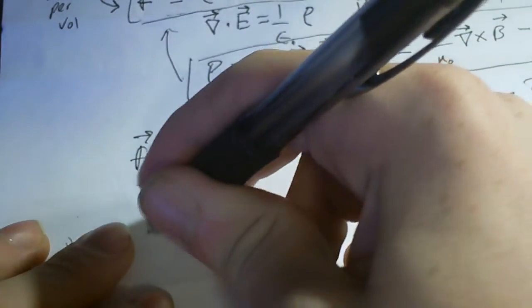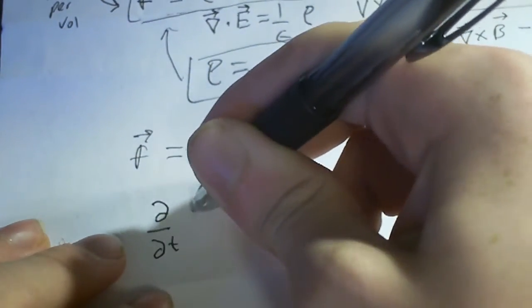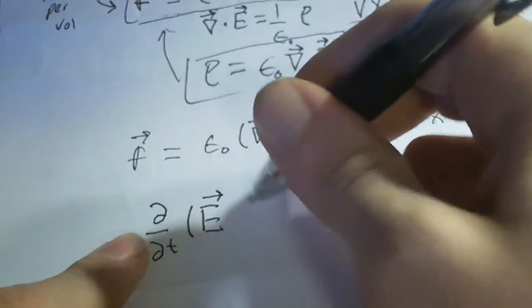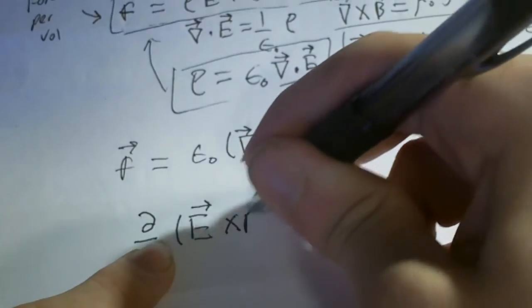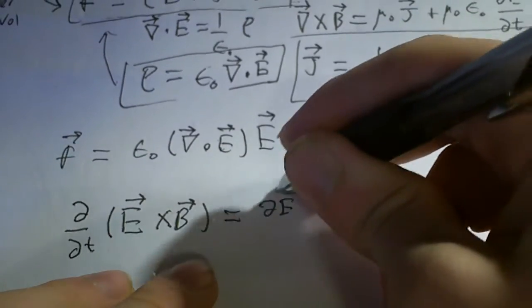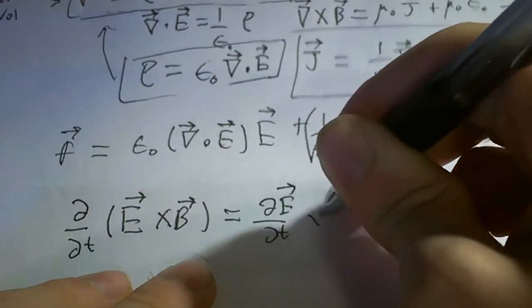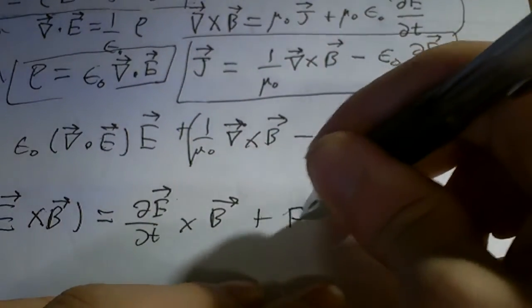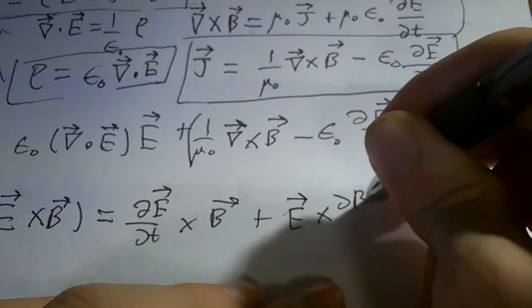So I'm going to do this clever substitution. The time derivative of E cross B, applying your basic vector calculus, we get dE dt cross B plus E cross dB dt.